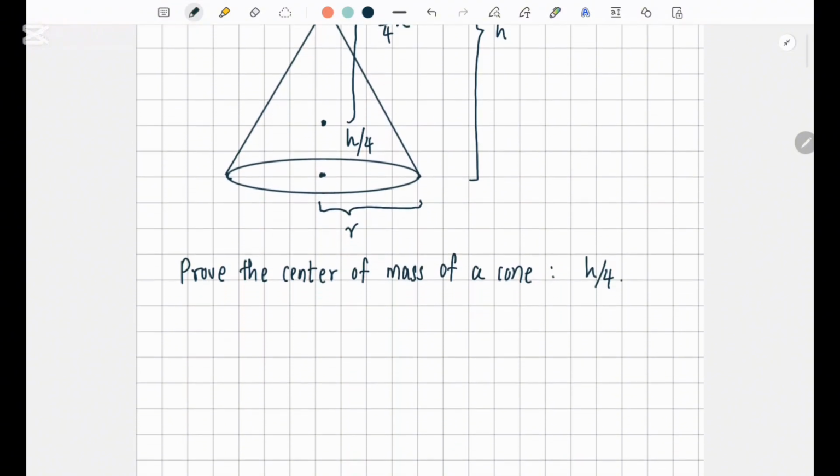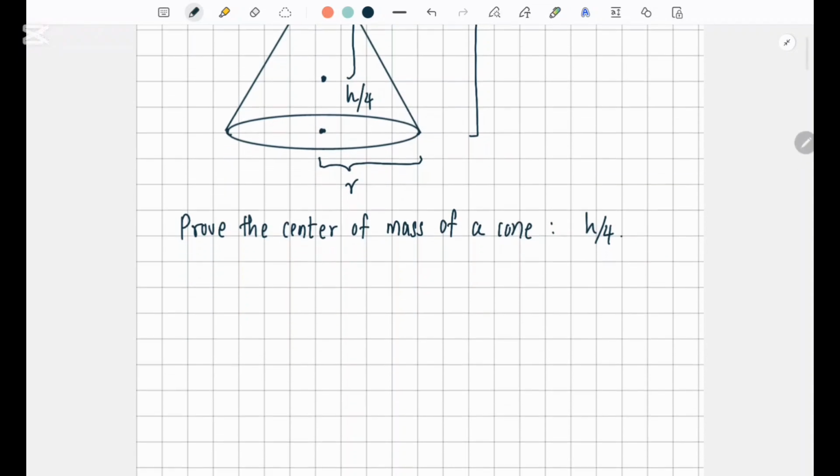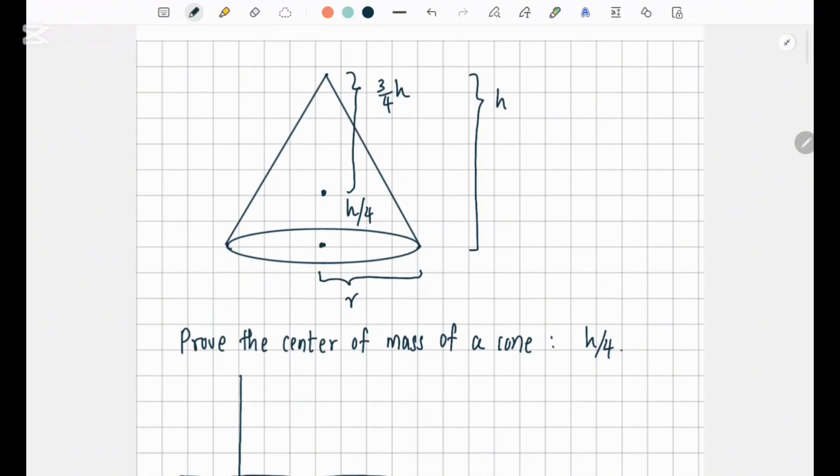Before we go any further, you guys need to know two formulas to prove this. First, let's say we draw a graph. Let's say we take this side of the cone, this slanted length of the cone, which I'm shading right now.